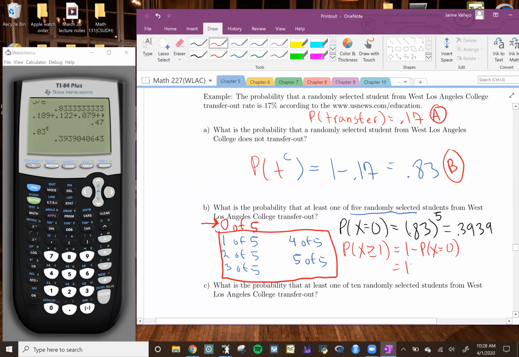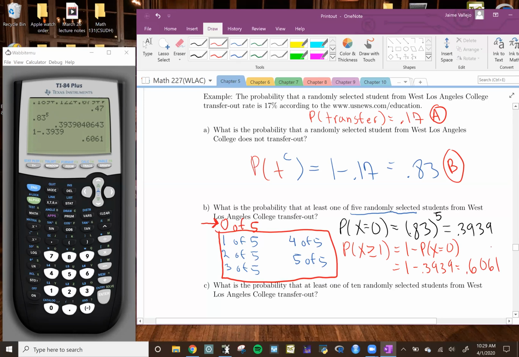So we're going to do 1 minus 0.3939. And we get 0.6061. And that's it for B.